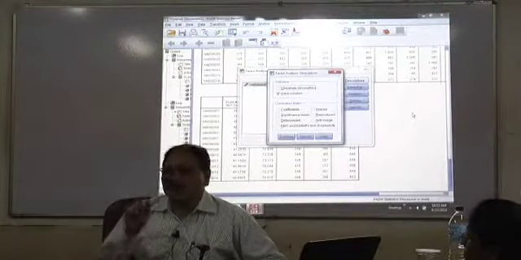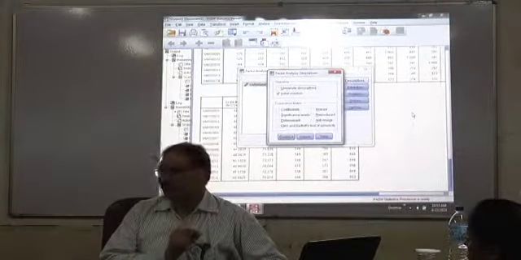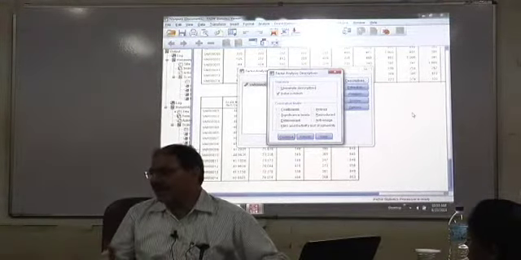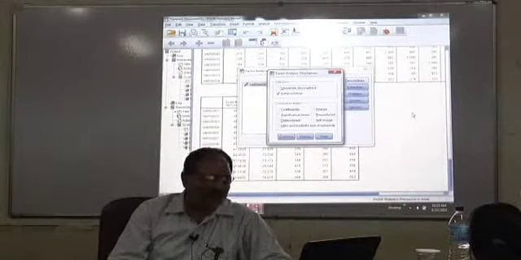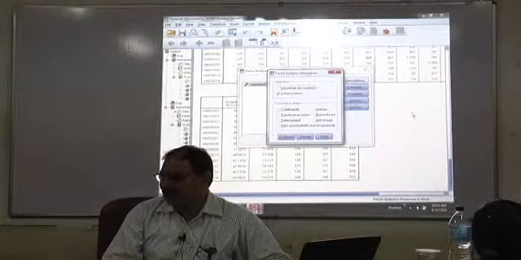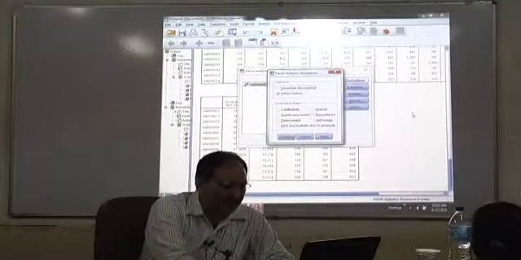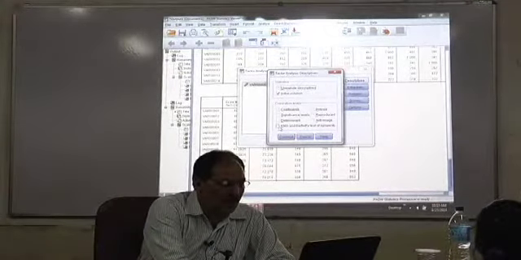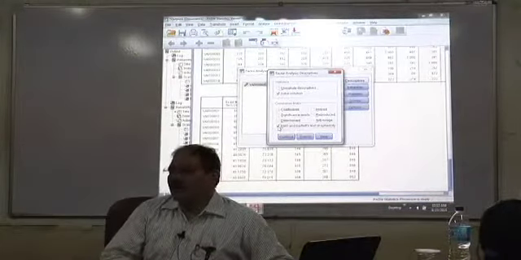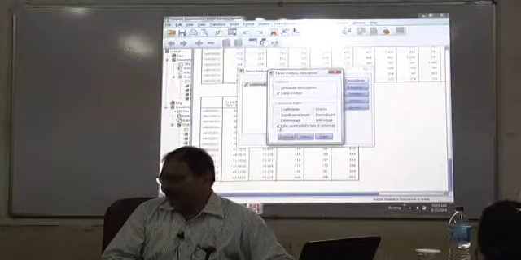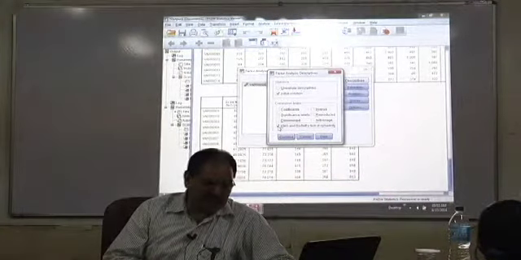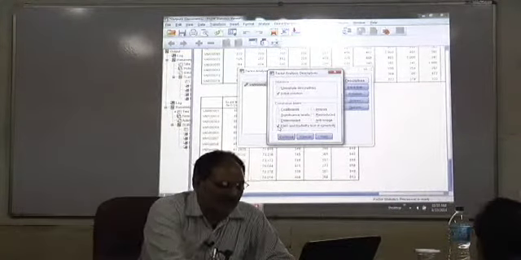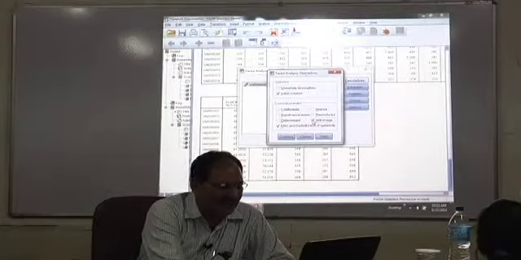And initial solution will provide you the initial factor solution. Okay? We need that, so initial solution would be ticked. It is selected by default, so we will leave it selected. There are 2 more matrices that we will get through this factor analysis: KMO and Bartlett's test of sphericity, and anti-image.